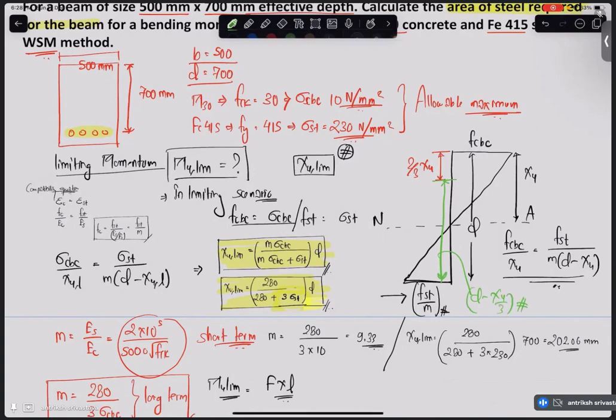And what is going to be the force? Force is going to be nothing but the area into the width, right? So 1 by 2 into fck into xu into b. This is going to be the force, right?